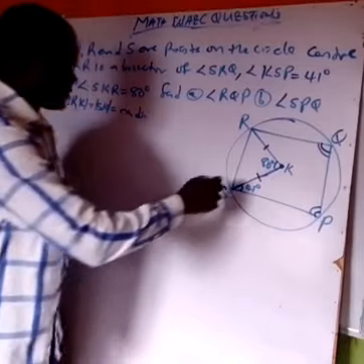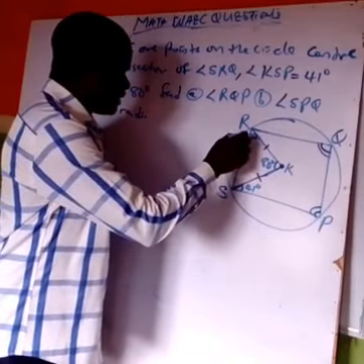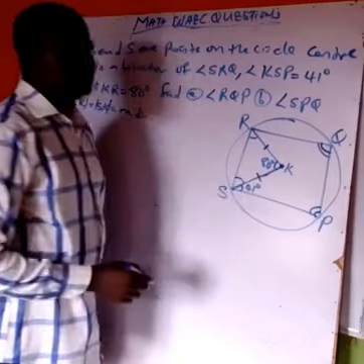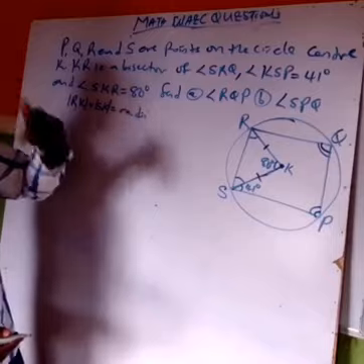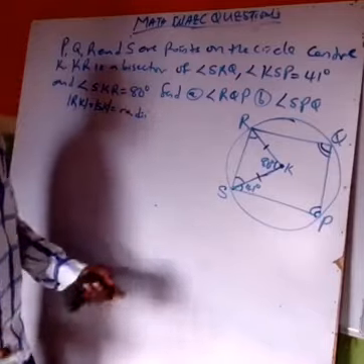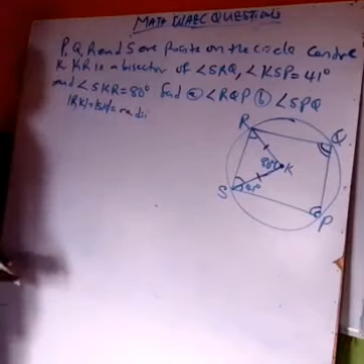Therefore, the base angle here and the angle here are equal. That's base angles of an isosceles triangle. If two sides are equal, the base angles of the isosceles triangle are equal.